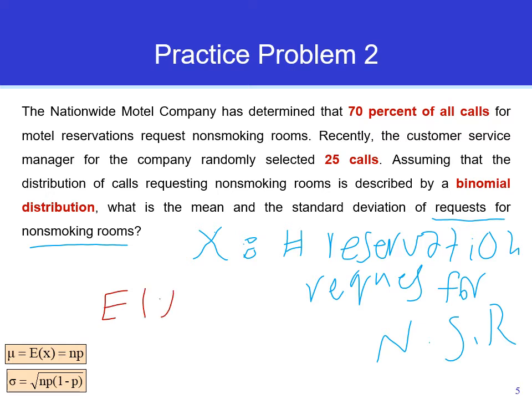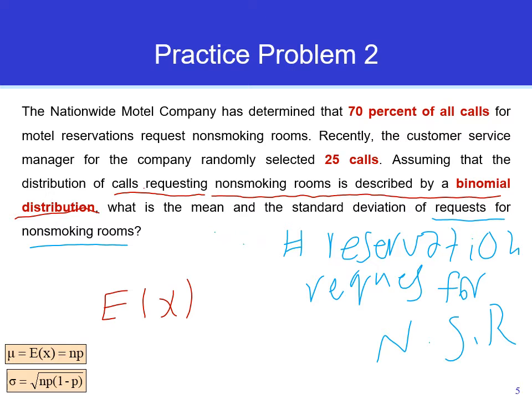What is the expected value of X? We know that X follows a binomial distribution: the number of calls requesting non-smoking rooms is described by a binomial distribution. And this makes sense, because each time a customer calls for a reservation, he or she would either ask for a non-smoking room or a smoking room.